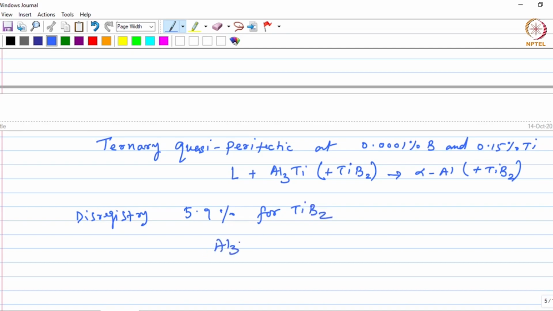But for Al3Ti particles it is much lower, around 4%. Okay, and the 112 planes of Al3Ti exhibit low lattice mismatch with the 1 planes of aluminium.